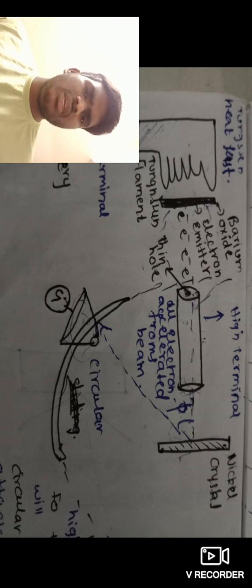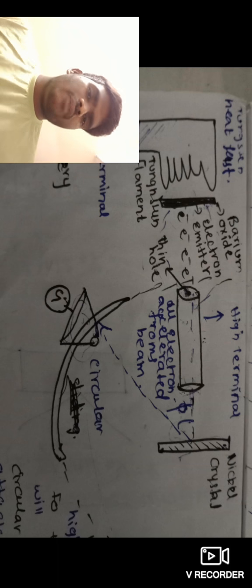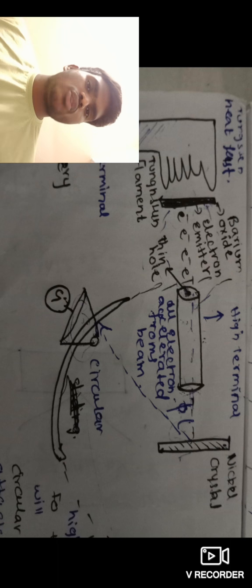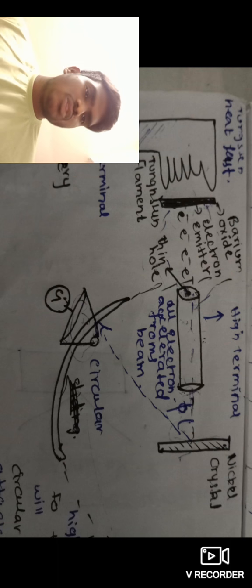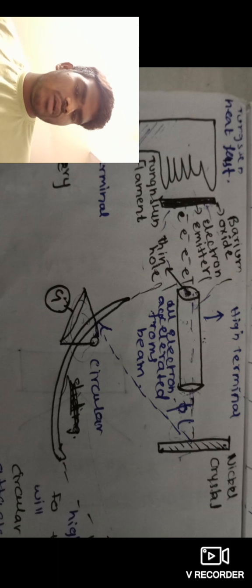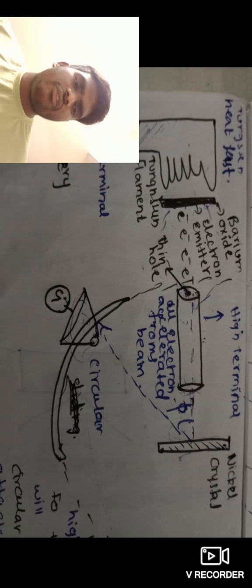Because it needs to make some angle. When the beam hits the nickel crystal, it bounces back. So we put a galvanometer, which moves in a circular path, because we need to know at which angle the electrons show high deflections. We took the angle as phi here.